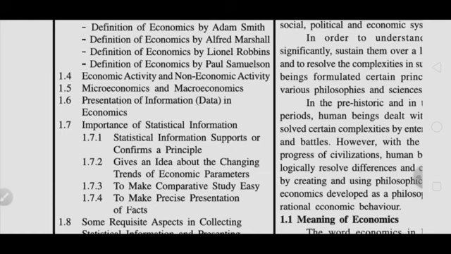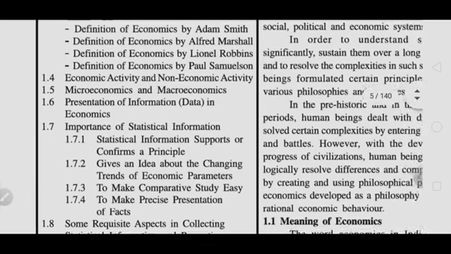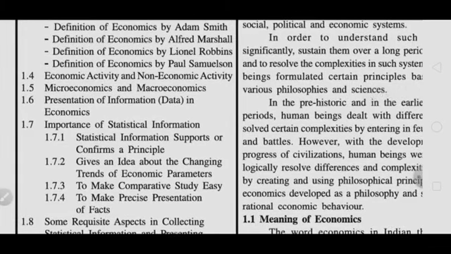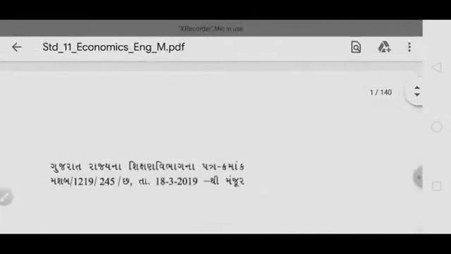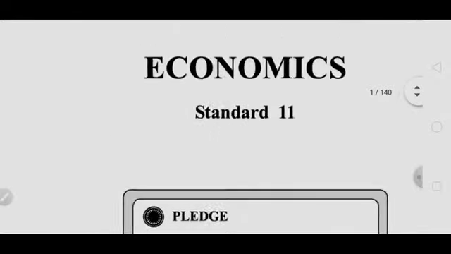While the last 5 chapters, that is chapters 7, 8, 9, 10 and 11, are from the point of view of macroeconomics, so our economics is divided into two parts. First, chapters 1 to 6 are about microeconomics, while chapters 7 to 11 are about macroeconomic studies. So this will be the total glimpse of the subject, that is economics.